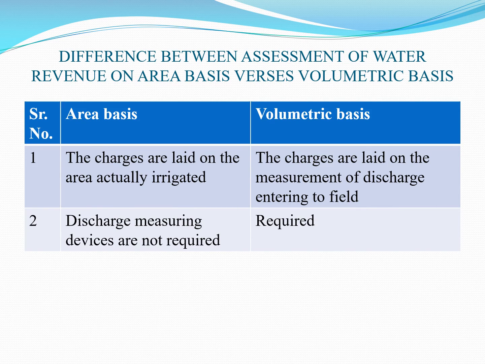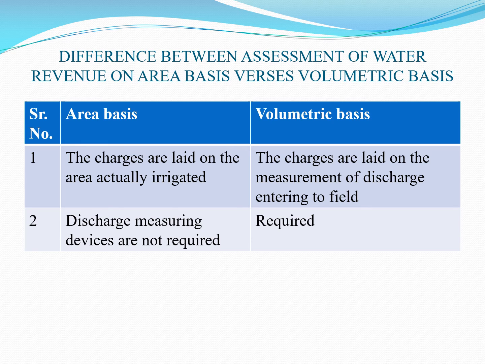The next point is the difference between assessment of water revenue on area basis versus volumetric basis. Here is the difference between these two methods of assessment of irrigation water.